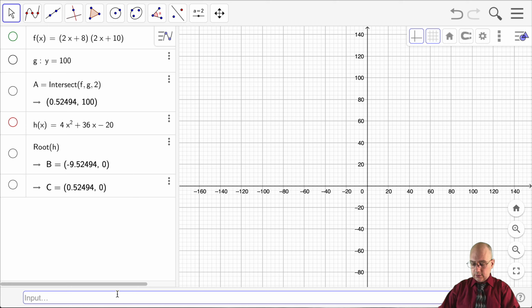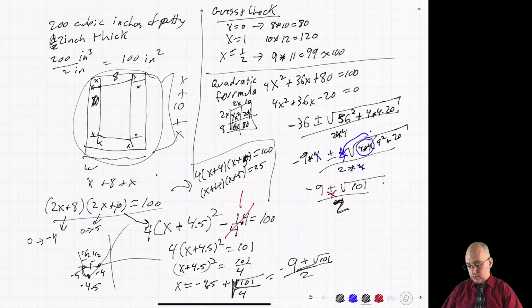This is a little bit trickier, I suppose, but you can start with this lower corner here being 0, 0, and then this corner being 0 and 2x plus 8, and so forth. So let's just do that.